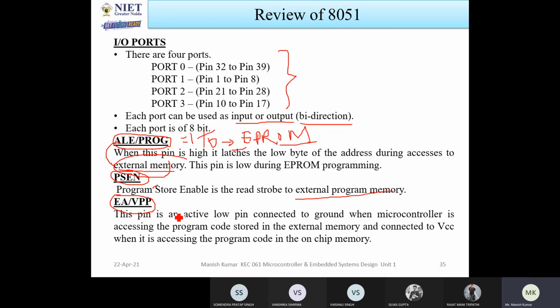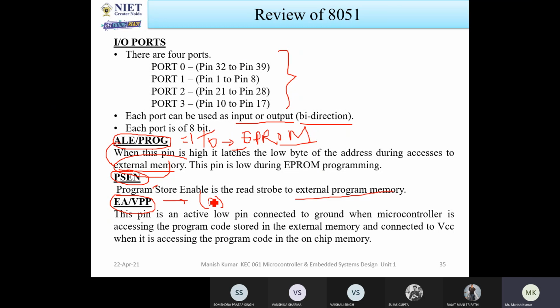Now EA and VPP, this pin is connected to the ground in this 8051 IC whenever you are storing the program. At the time of storing the program, you connect it to the ground.